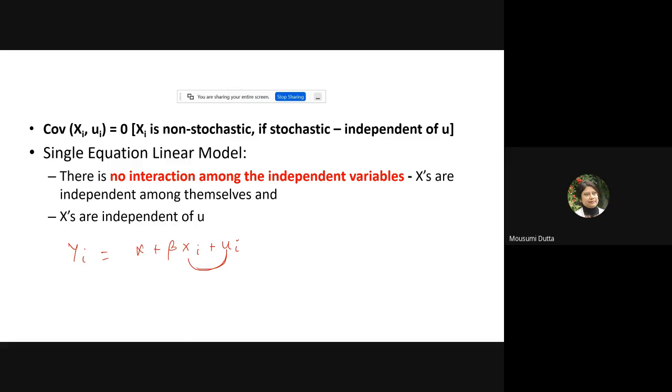Hence, non-stochasticity of xi is a sufficient condition to have covariance xi ui is equal to 0.